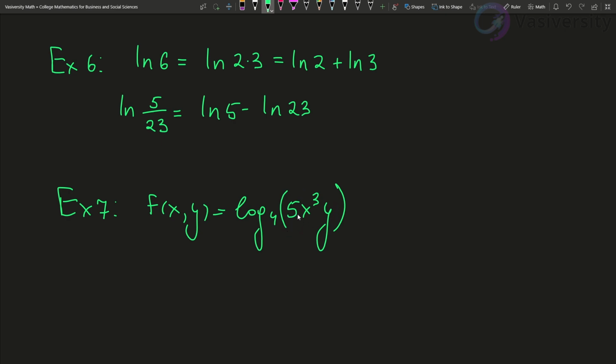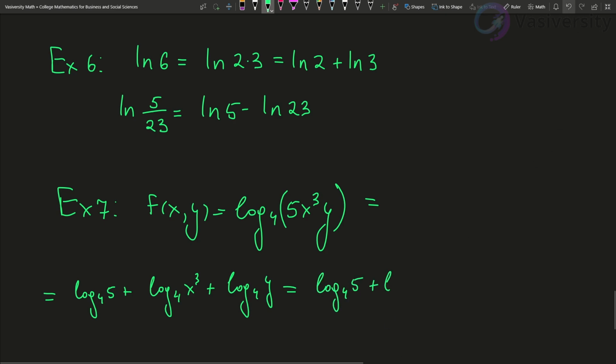So we know by the rules we will have logarithm base 4 of 5 plus logarithm base 4 of x cubed plus logarithm base 4 of y, which would be equal to, right? We can simplify: log base 4 of 5 plus 3 log base 4 of x plus log base 4 of y.